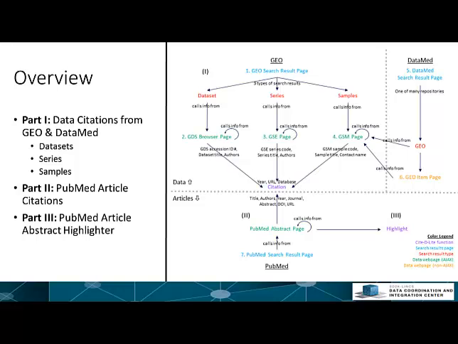Here in the upper part, you can see that this data is accessible through GEO and DataMed, and both of these web pages are able to download citations for the geodata. On the bottom part, you can see the second and third parts dealing with the citation of PubMed articles, as well as this added function of highlighting the PubMed abstracts.